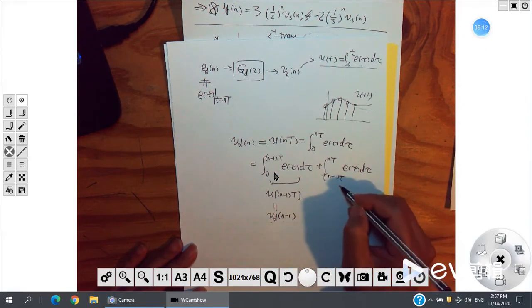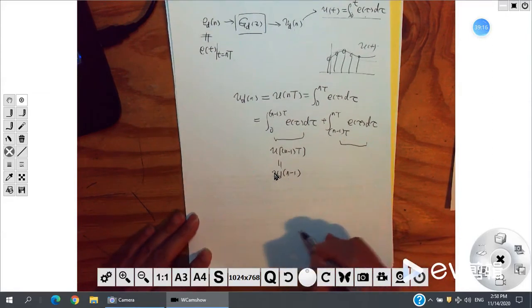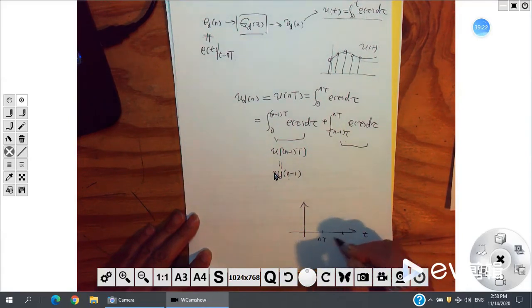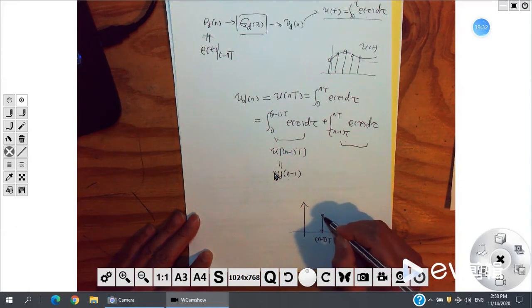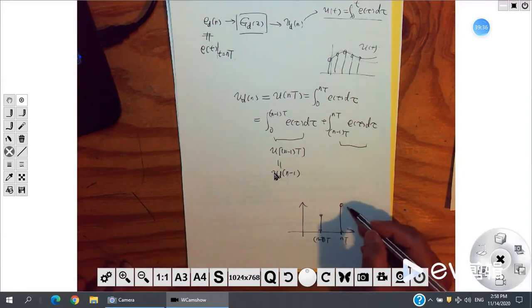And what is this part? You can say this is t. Here's nT. Here's n minus 1 times T. Here's n times T. Right? And at each point you have a value. I just put two values. Maybe this one is smaller.